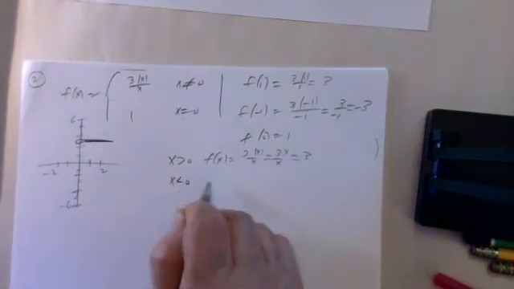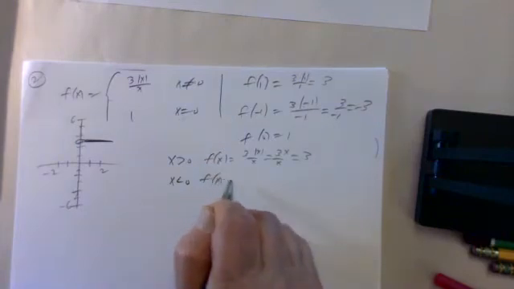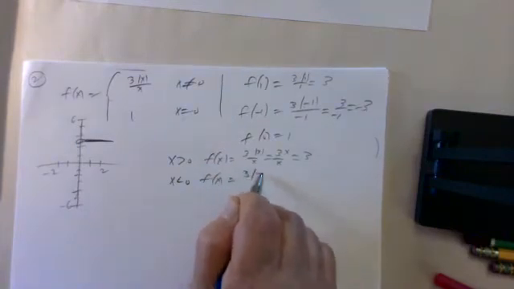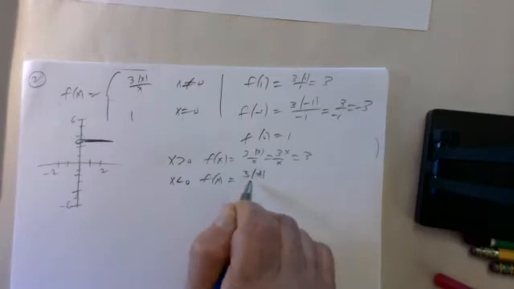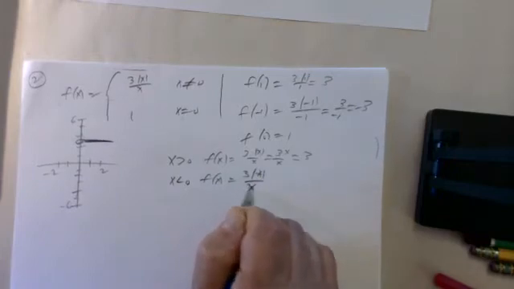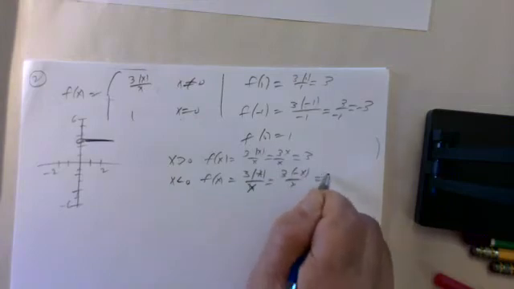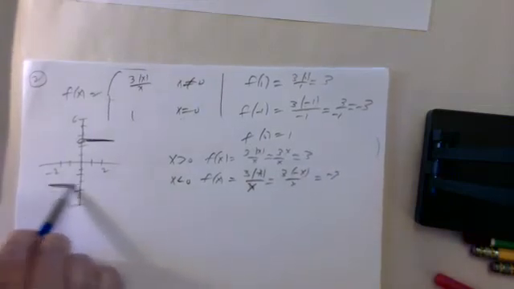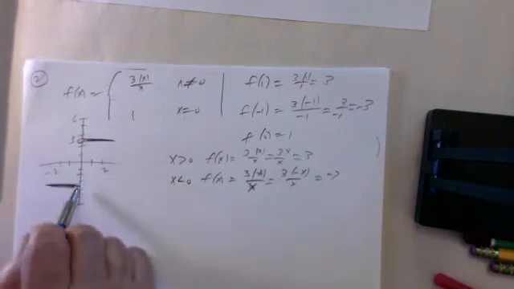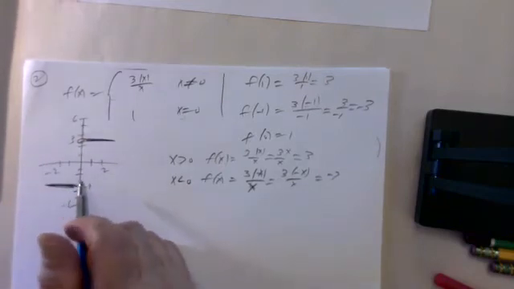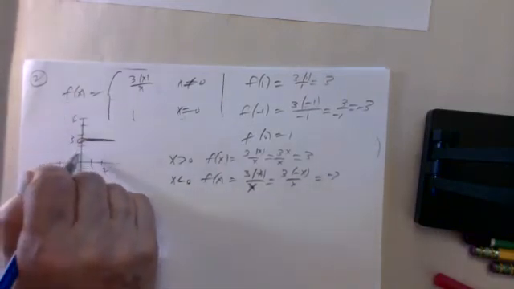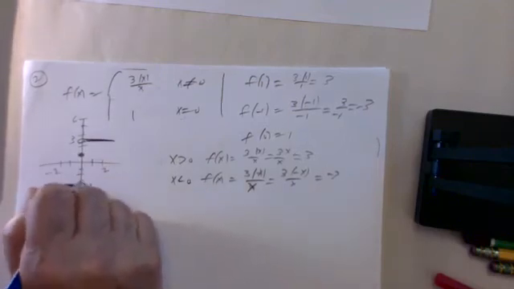When x is less than 0, the absolute value of x is minus x, so it's 3 times minus x over x. That's minus 3. And at 0, we're told the value of the function is 1.